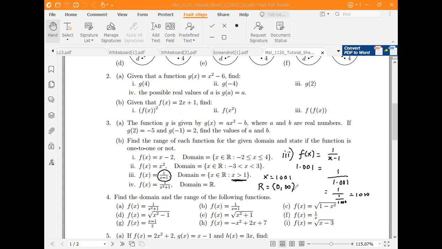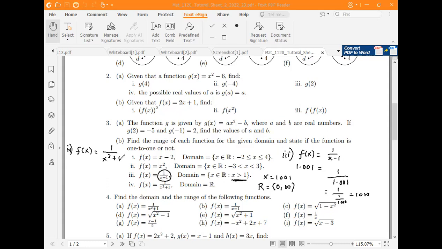The opposite of this very one is the one down here, the fourth one, where now we have f of x is equal to 1 over x squared plus 1. This means that at each point I'll be adding numbers to this one. So I'm always going to have values greater than 1.